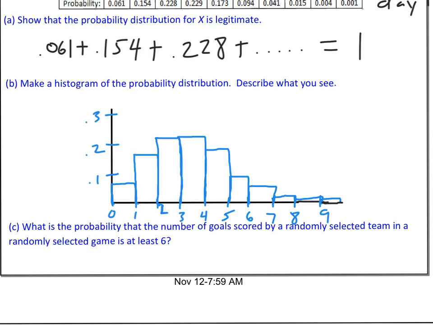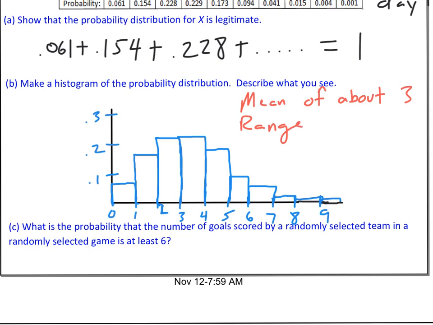Describing what you see, it should take you right back to good old SOCS. I haven't calculated the mean, so I would say from just observing the histogram, I could say mean or median, probably somewhere about 3, maybe a little bit bigger. That's my center.